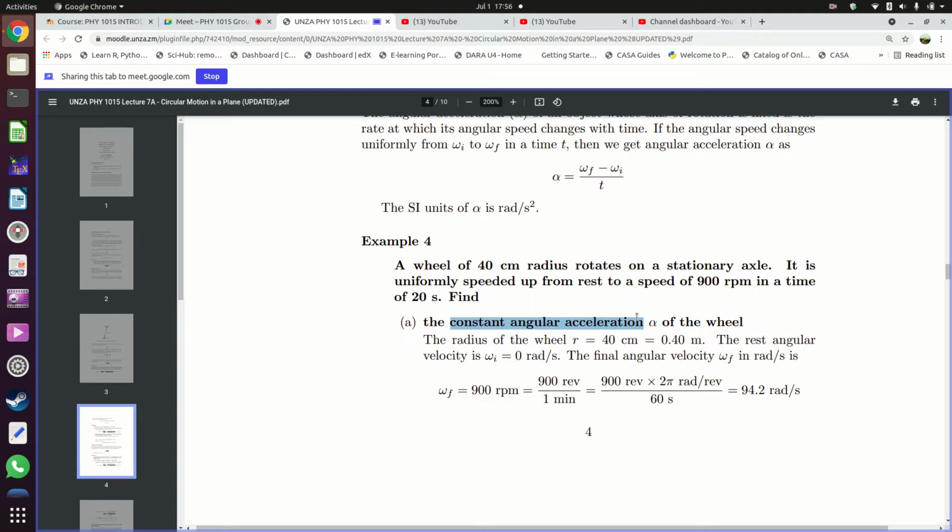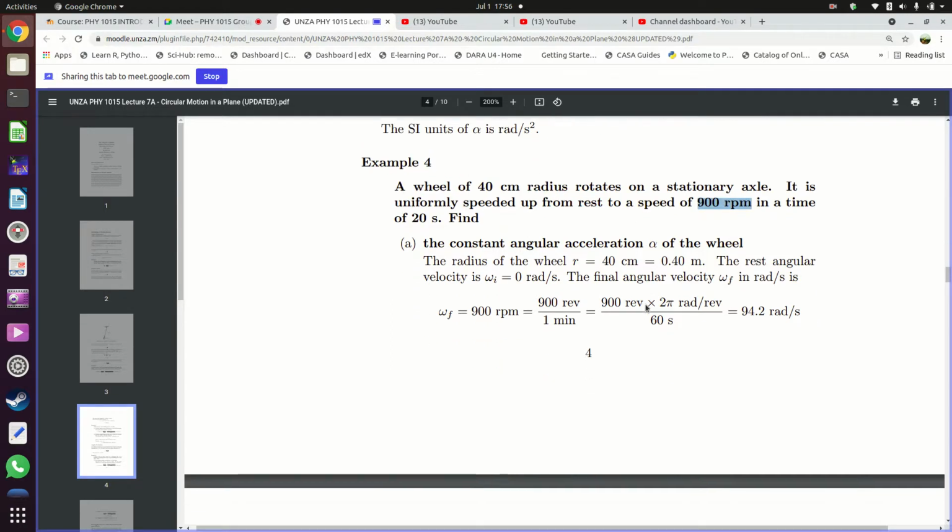So we know that it was at rest. When it was at rest, it was covering 0 revolutions per minute. So the initial angular velocity is 0 revolutions per minute, 0 RPM. Then after 20 seconds, it ends up having 900 RPM. So again, like I've mentioned about RPMs, whenever you've got RPMs, these RPMs have to be converted into radians per second.